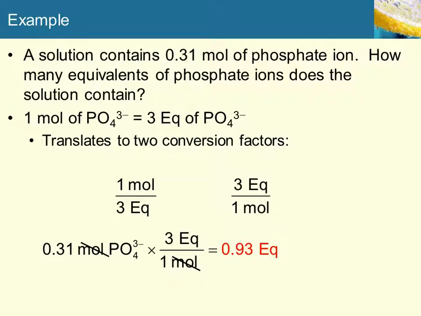So this translates to 2 different conversion factors. 1 mole equals 3 equivalents, and 3 equivalents equals 1 mole. So if you have 0.31 moles, you know that moles has to be on the bottom. So 1 mole equals 3 equivalents, so that's 0.93 equivalents.